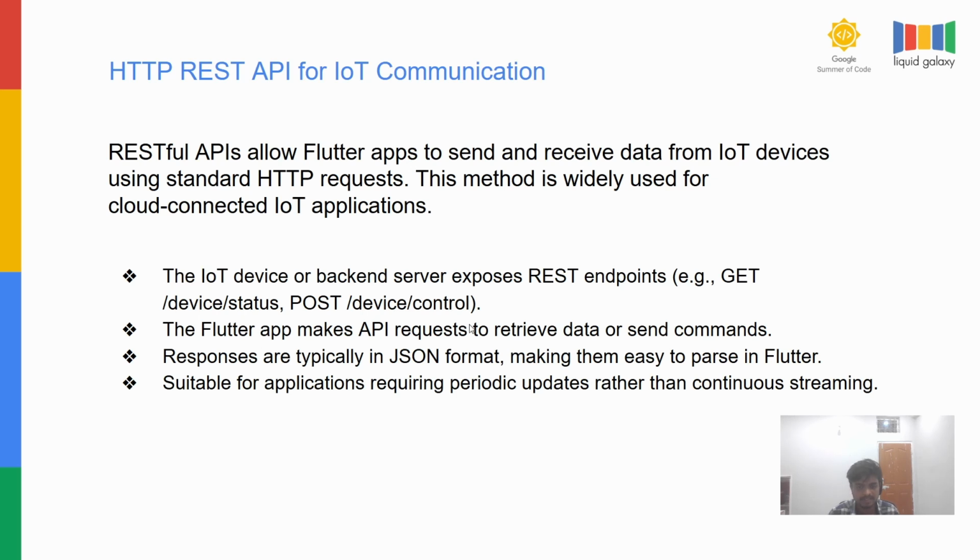The Flutter app makes API requests to retrieve data or send commands. Using the Flutter app, you can just make requests, and responses are typically in JSON format, so you have to parse the JSON back so that you can use it in the Flutter app.